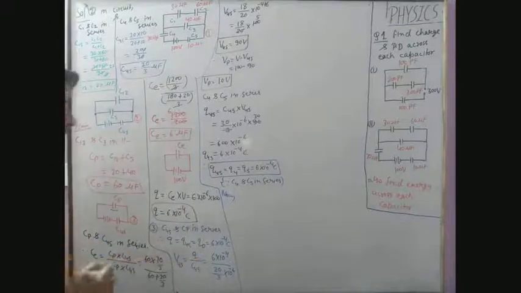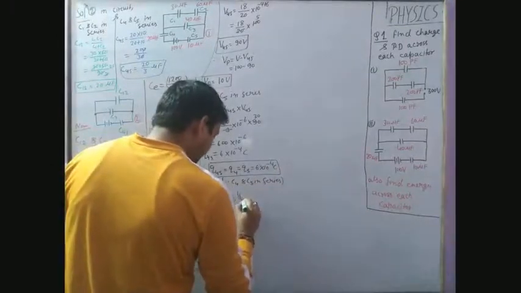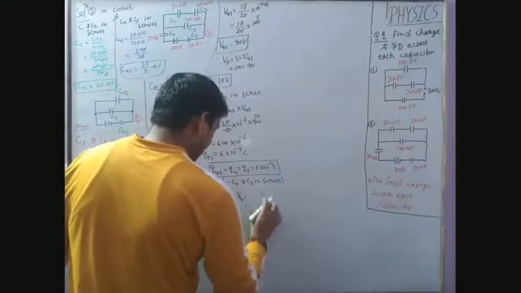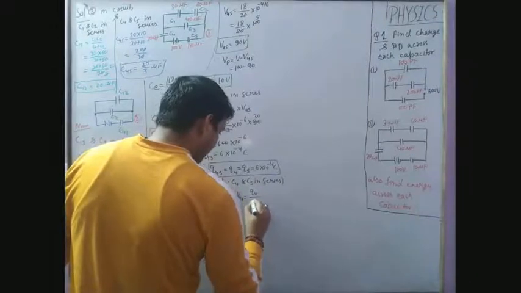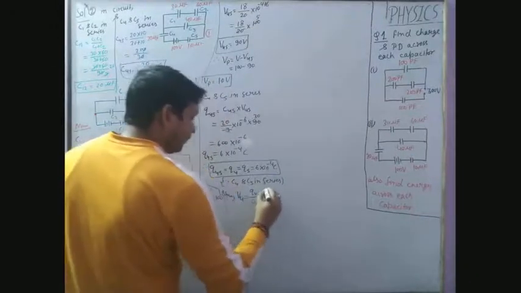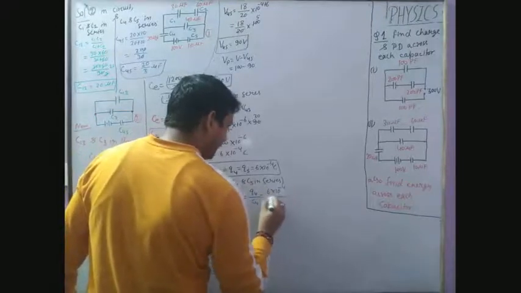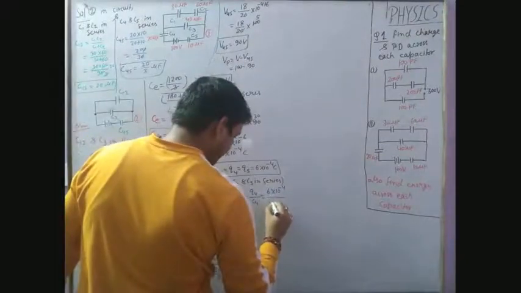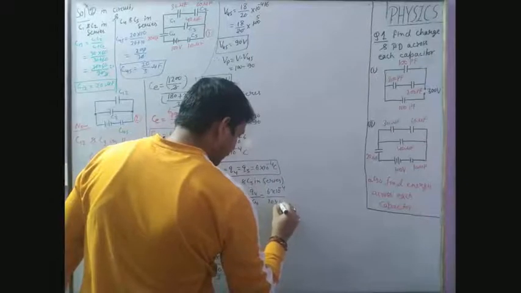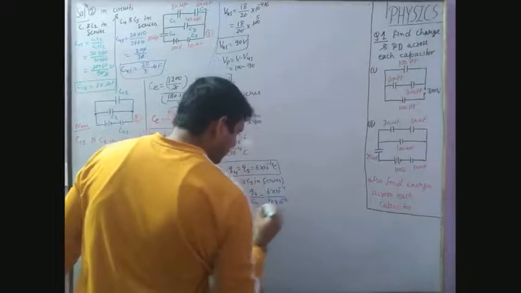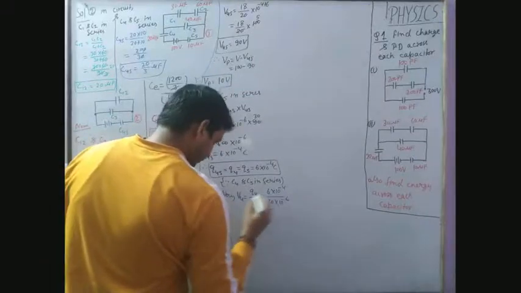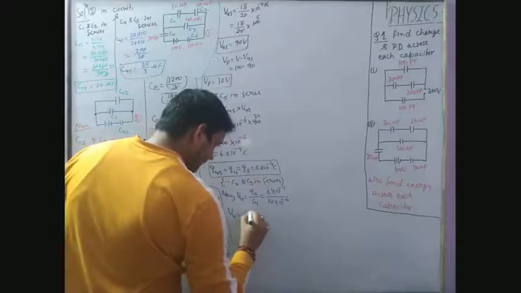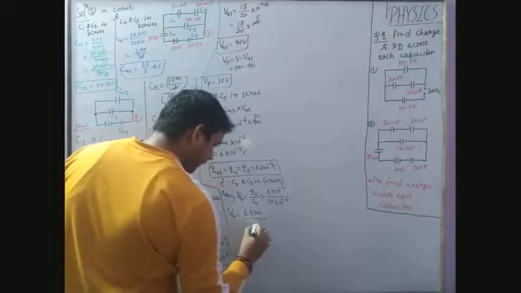This we have already. Now V4 you will calculate is Q4 upon C4, which is 6 into 10 to the power minus 4 upon C4 we have 20 into 10 to the power minus 6, that is V4 is equal to 6 into 100 upon 20.